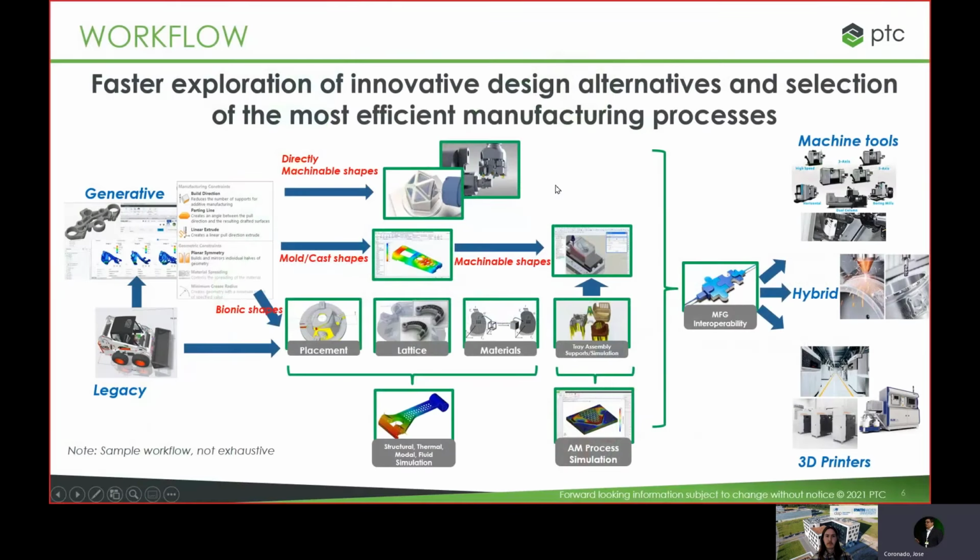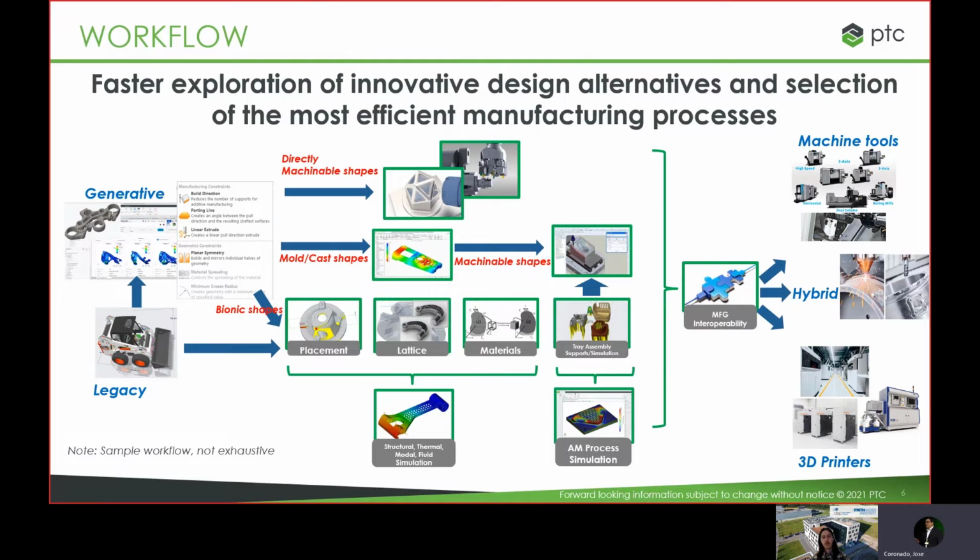So about the design to print process in Creo, this is just for me to highlight something that is happening at the moment in many different industries. There is an intertwined schema between the generative and additive and the regular machining, the regular subtractive processes.